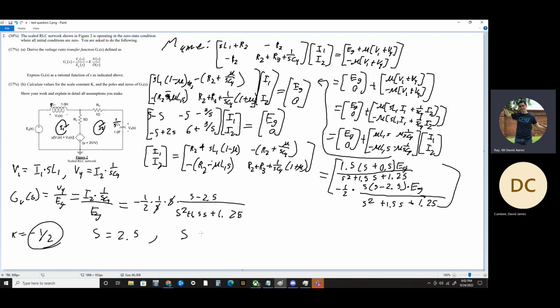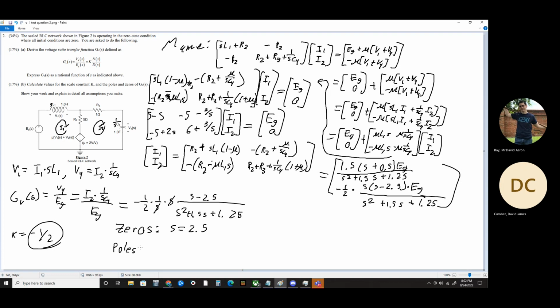I like to do zeros first, and then s equals 2.5. And then for poles, s equals negative b plus or minus square root of b squared minus 4ac, over 2a.